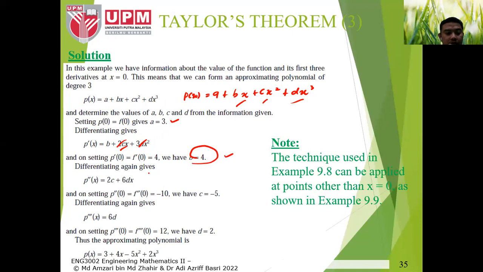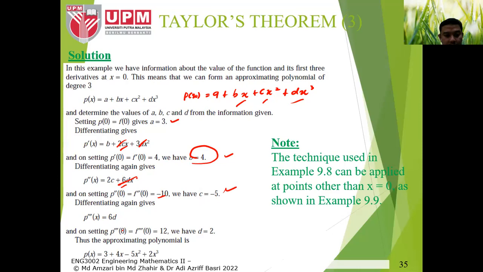Then f double prime, you will get 2c plus 6dx. When you put your x value as 0, your answer is negative 10. So when x is 0, this one cancels, so automatically you get c equals negative 5. And you have f triple prime is 6d.